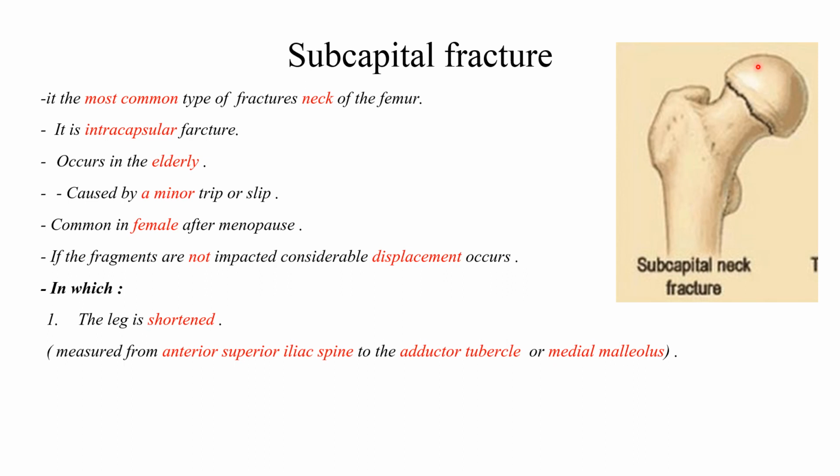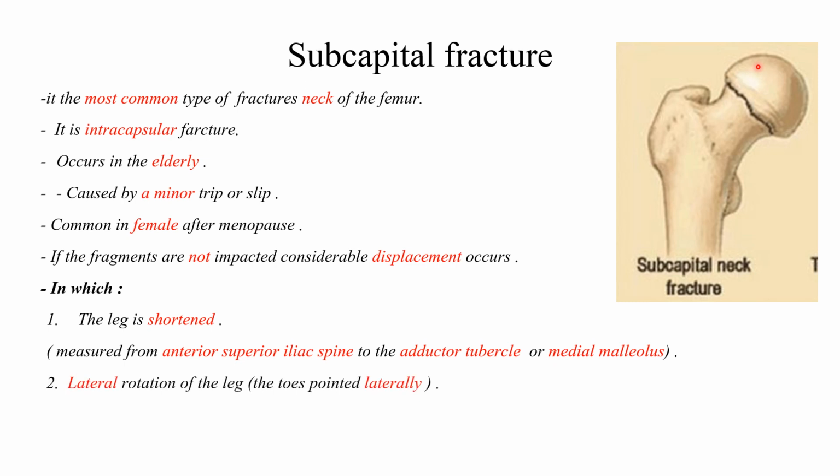You can measure the shortening of the limb from the anterior superior iliac spine to the medial malleolus, or from the anterior superior iliac spine to the adductor tubercle. You should measure the normal limb first, then measure the affected limb.